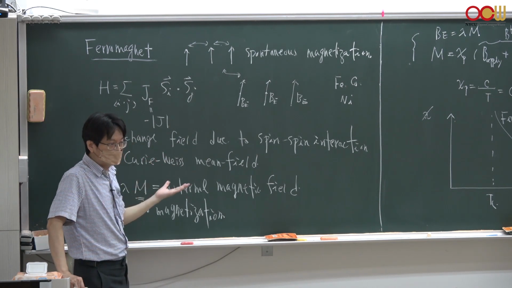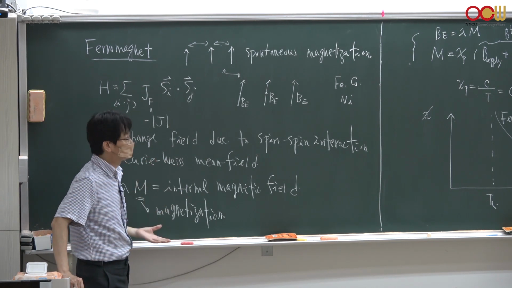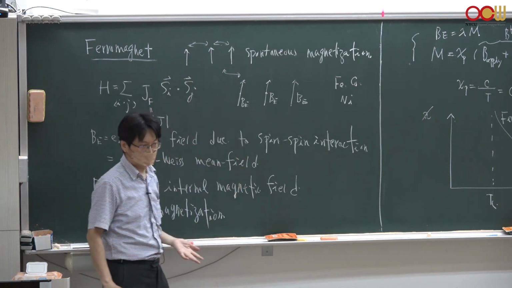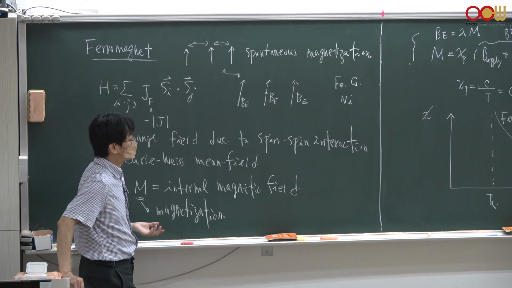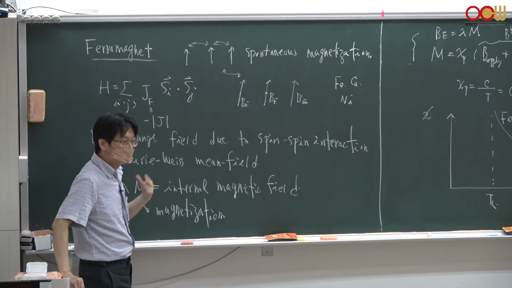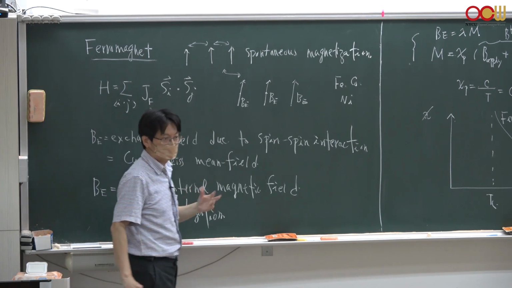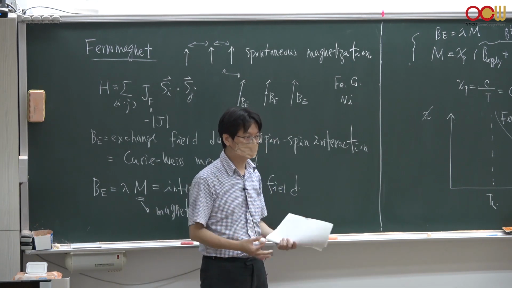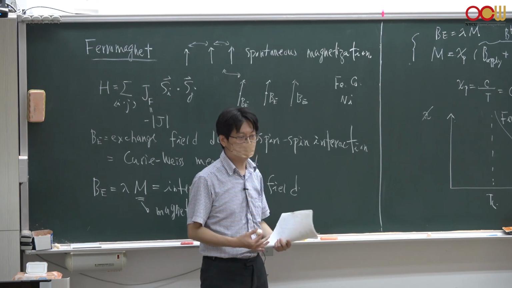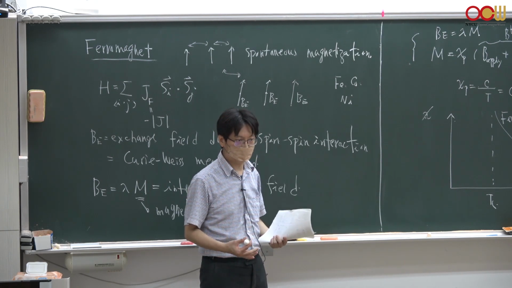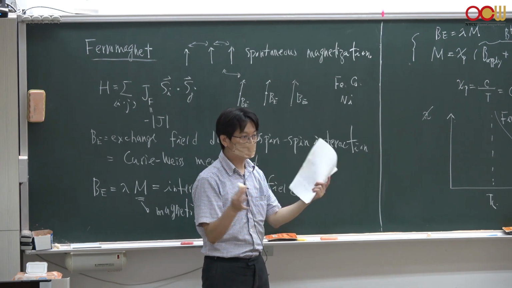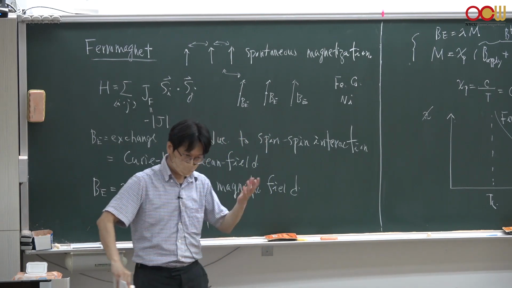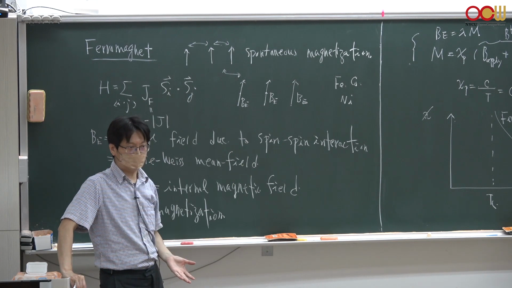Since those materials show partially filled inner shell levels, there should be a net magnetic moment, spin moment, that's for sure. But as we pointed out just earlier, many materials with a partially filled inner shell don't have such spontaneous magnetization at low temperatures because their spins are randomly distributed, and the spins don't talk to each other.